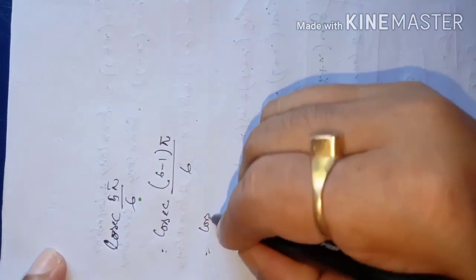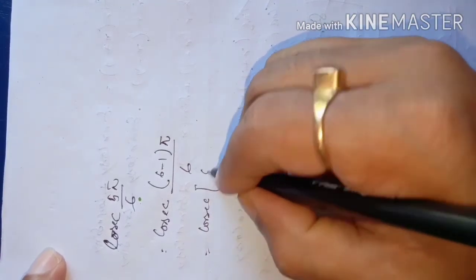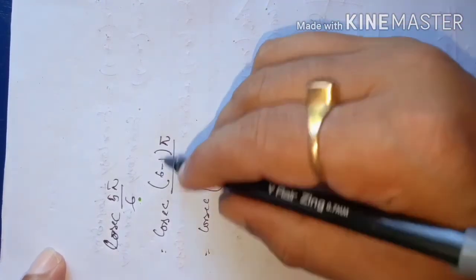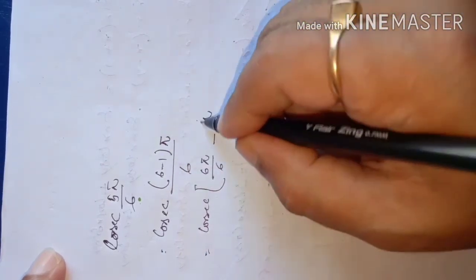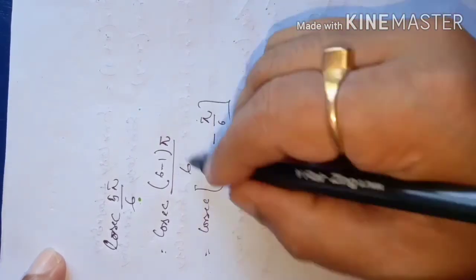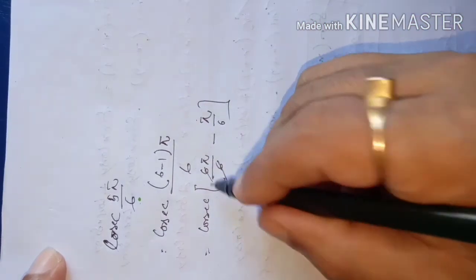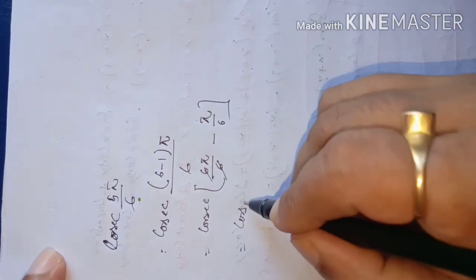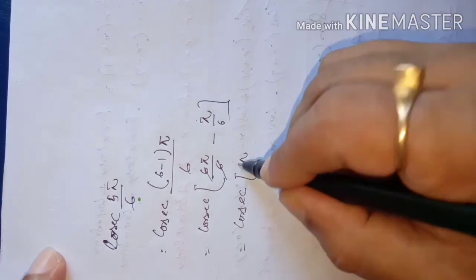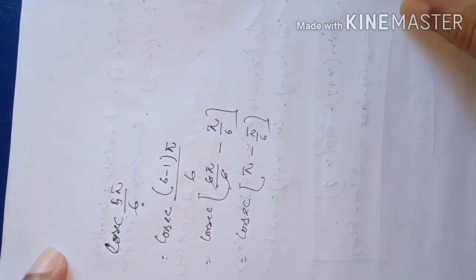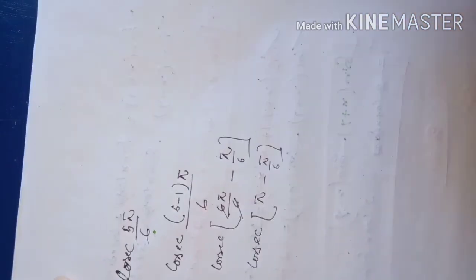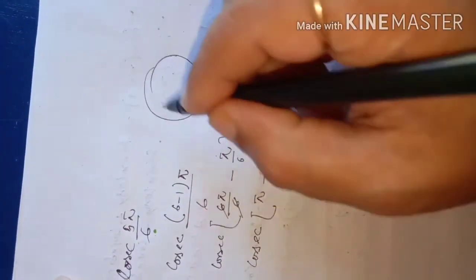After that, cosec of 6 pi by 6 minus 1 pi by 6. If we split this, it will ultimately be cosec of pi minus pi by 6. Okay. Now, what is its value? So, you see, dear students, suppose you draw the unit circle.